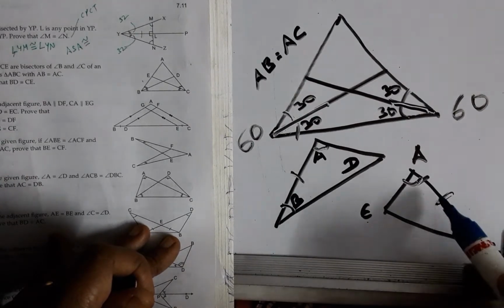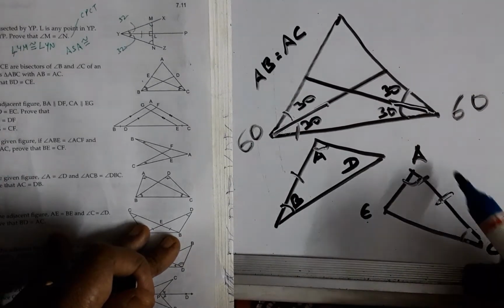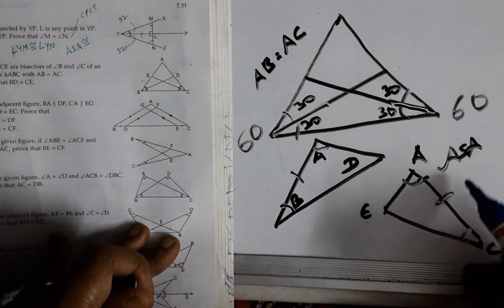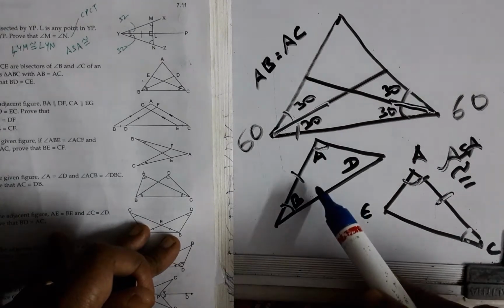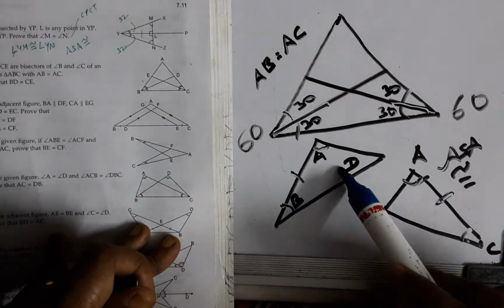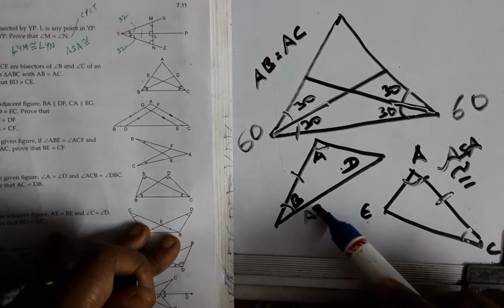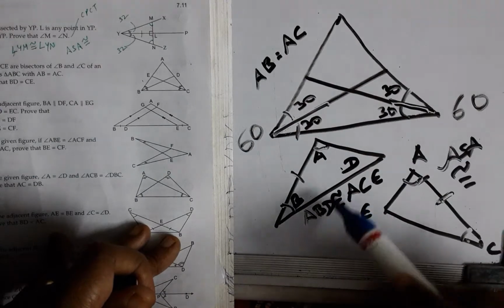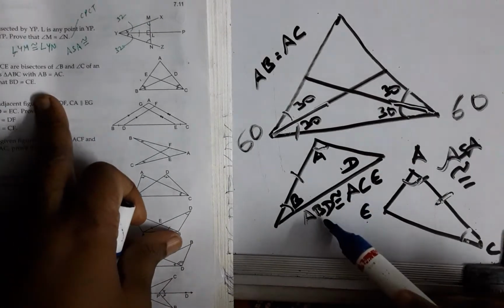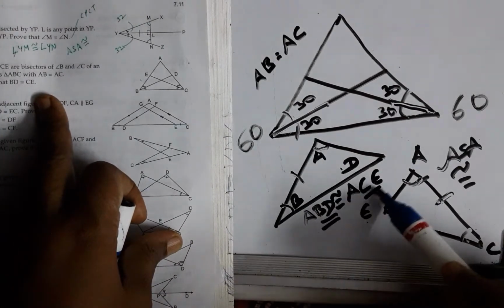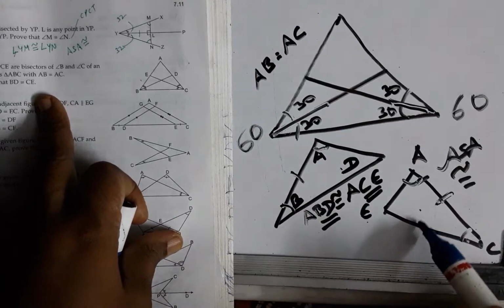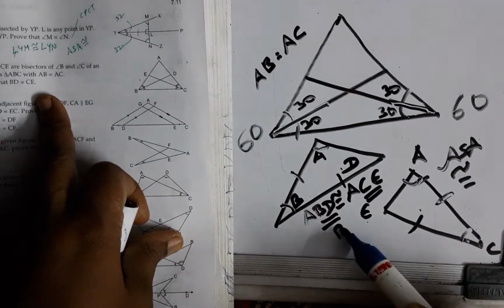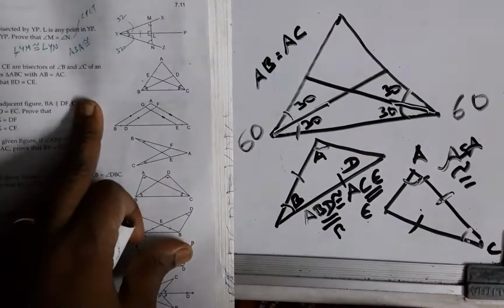Therefore, angle, included side and angle, by the ASA congruency criterion, I have ABD congruent to ACE. From this congruency, I have BD equals CE by CPCT. Therefore, this has been achieved.